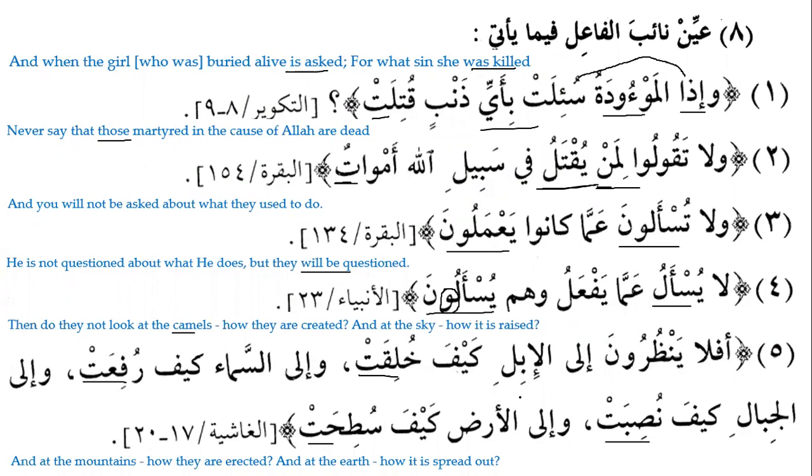That's why it is khuliqat, because it is a broken plural. As-samau also is feminine, because the Arabs used it as feminine. Similarly, jibal is the plural of jabal, so here it is feminine. And ard is also feminine, as we have discussed many times. That's why it is sutihat.